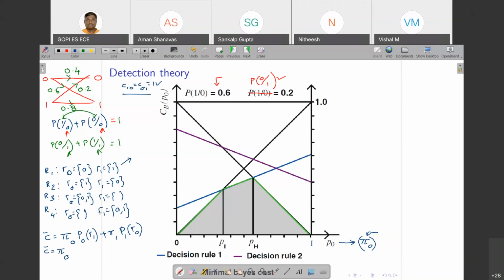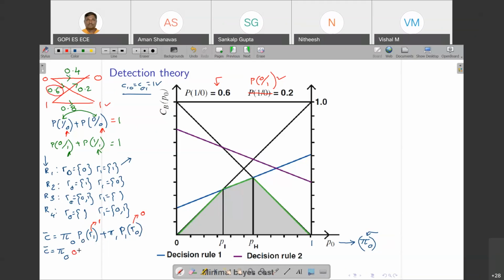But you see, as far as rule 1 is considered, gamma 1 is 1 and gamma naught is 0. It means, what is the probability that you are getting 1 when 0 is transmitted? That is what this probability gives you, which is actually 0.6.